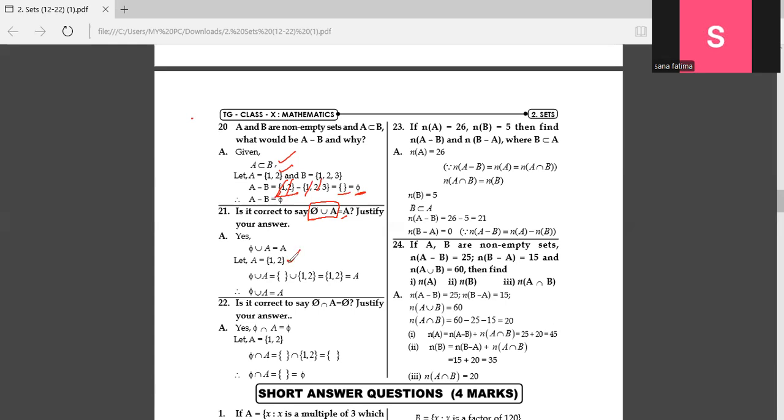Try to maintain simple sets like 1, 2 or 1, 5, or 1, 2, 3. All these questions are very helpful in your objective type. Is it the correct way to say that empty intersection A is empty? Justify. Yes, it is appropriate.